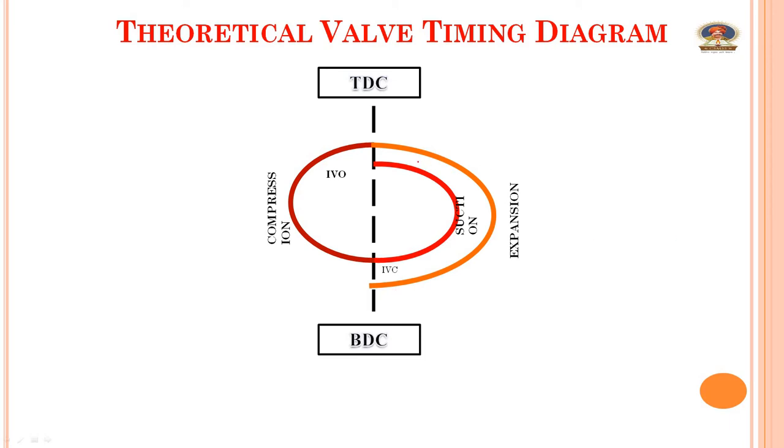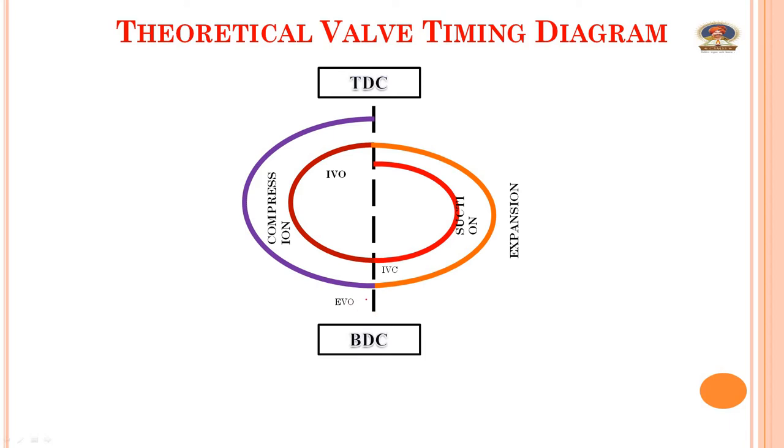So during this, expansion takes place, and after the end of expansion, the exhaust valve will open and the piston moves from BDC to TDC. All the burnt gases will be exhausted from the exhaust valve.